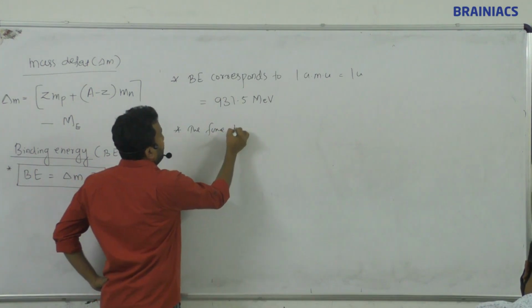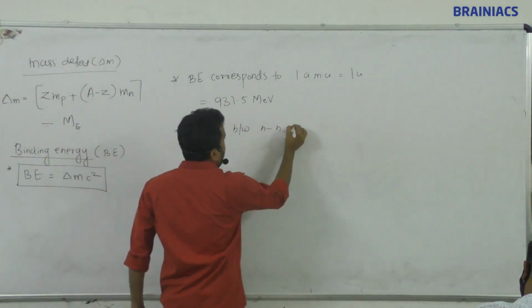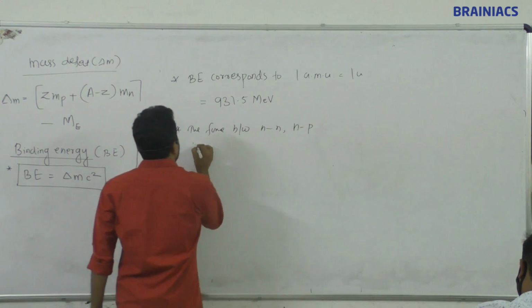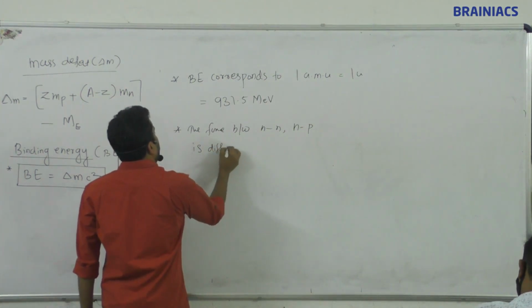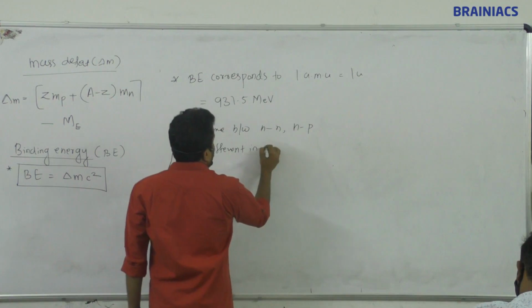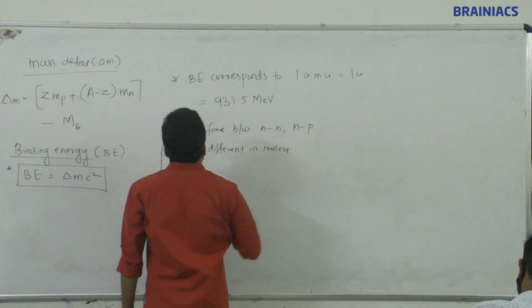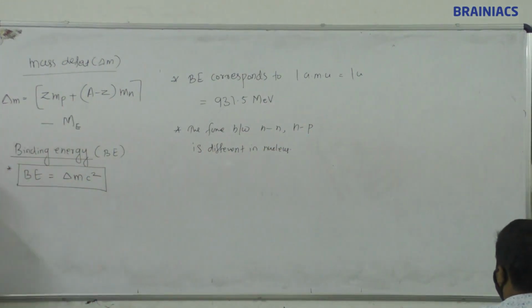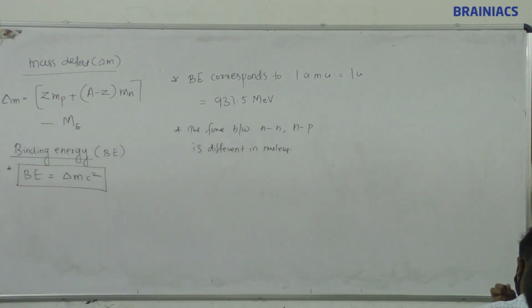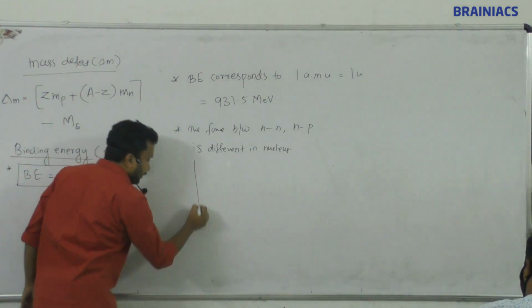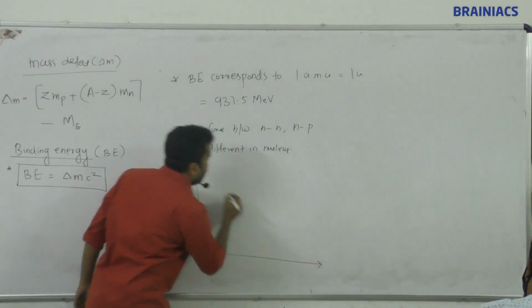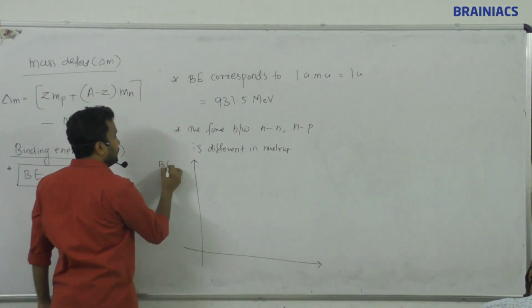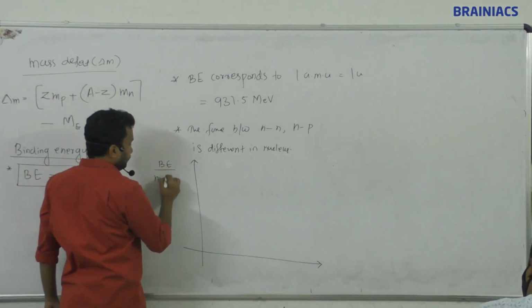Next one, the force between neutron and neutron, and neutron and proton, is different in the nucleus. NCERT point. We can draw one graph, binding energy per nucleon.